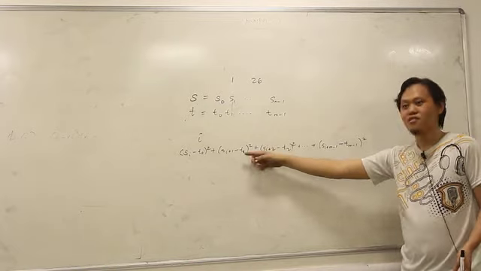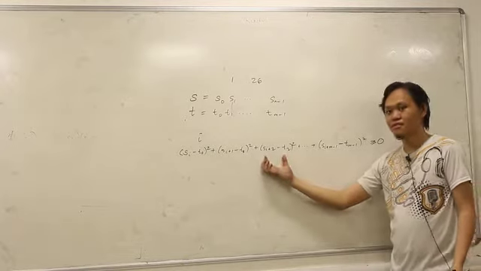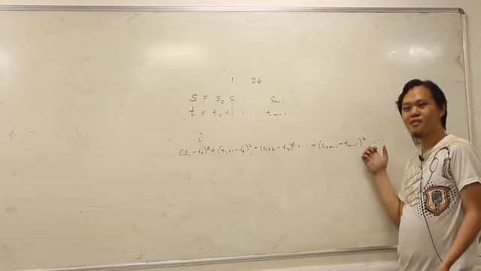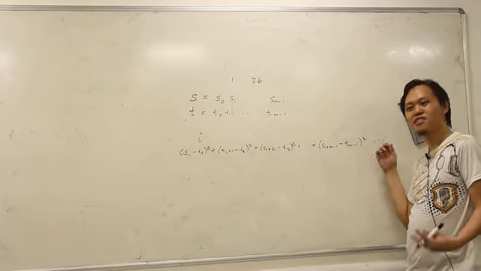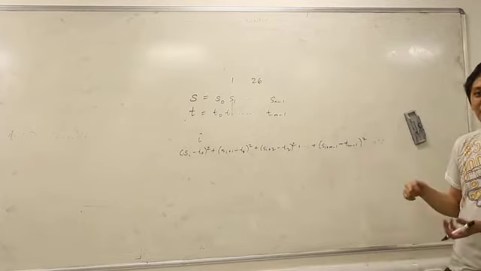So if at least one character doesn't match, then this sum will be strictly greater than 0. If all of them match, then this will be equal to 0. So what we can do is compute this value for each i and just count the number of zeros. That will be the number of occurrences of T in S.